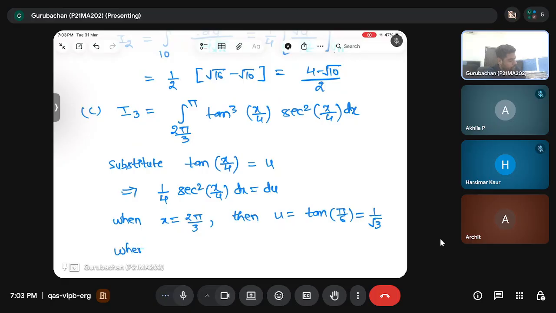When x is equal to pi, then u is equal to tan of pi by 4, that is 1.